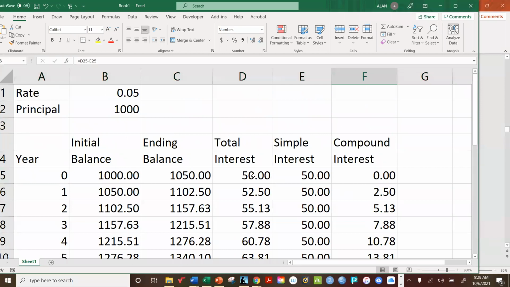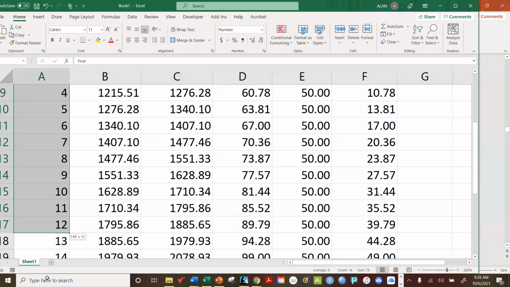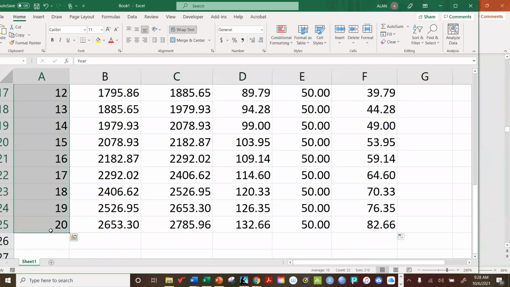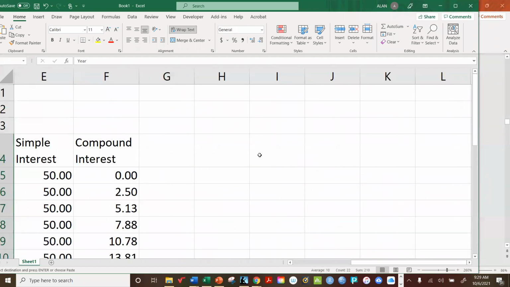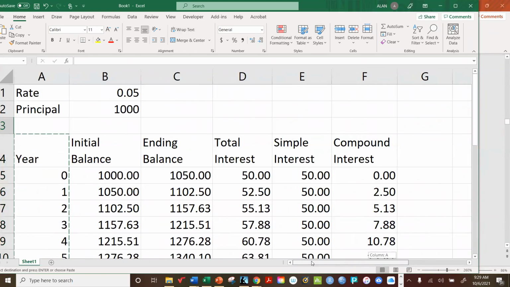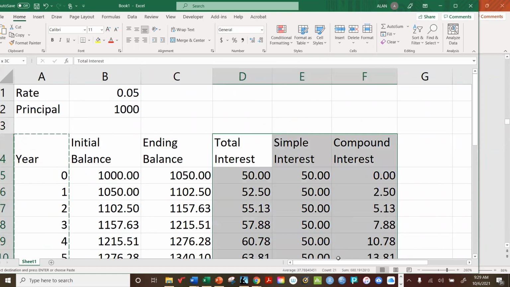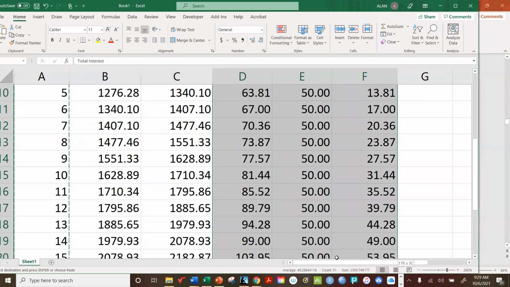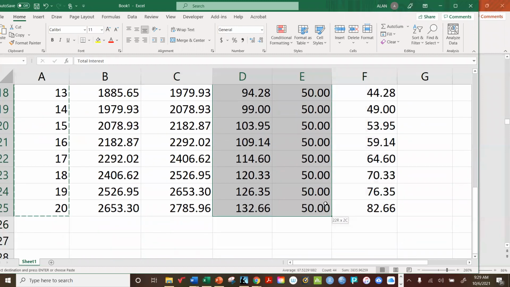So if you were to plot, let's say, the year against the interest, in fact, we could probably do all three of them: total, simple, and compound interest. See if we can squeeze these onto a nice graph.